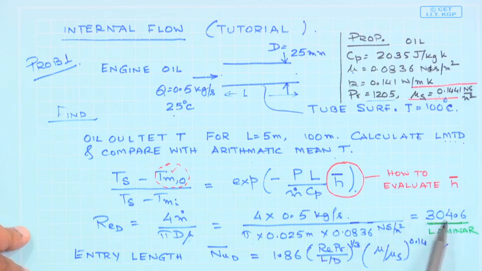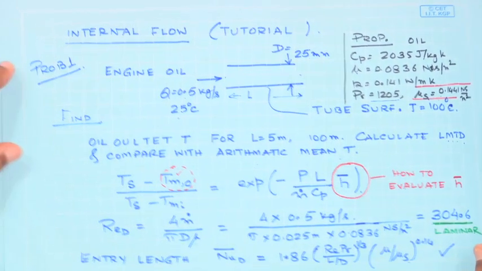I know the value of Reynolds number, the value of Prandtl number is provided in here. The length is either 5 or 100. The diameter, the values of viscosity are provided. So, from here I can calculate what is the Nusselt number, and from Nusselt number I should be able to obtain what is the value of the convective heat transfer coefficient.